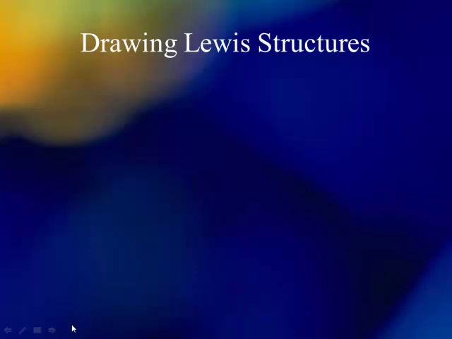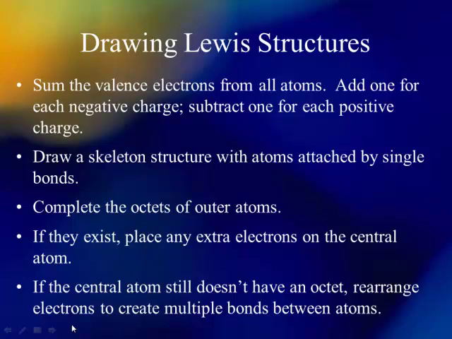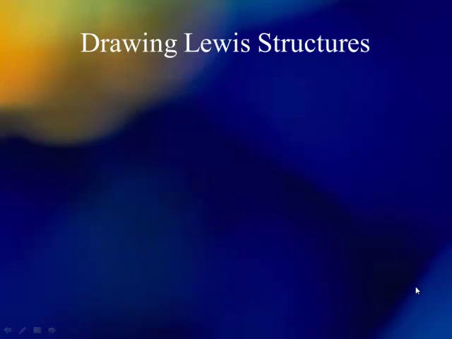To draw your own Lewis structures, you need to follow this set of steps. Follow these in this order and you will correctly draw a Lewis structure for any molecular compound. Let's look at a few examples.